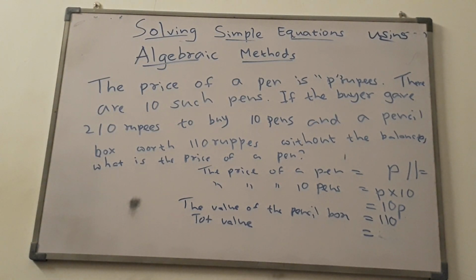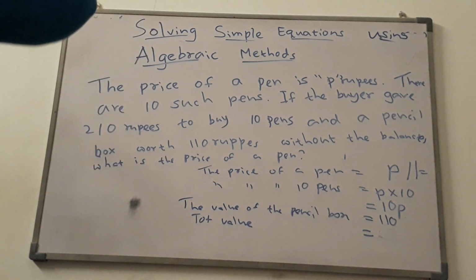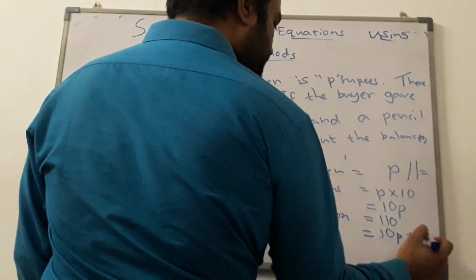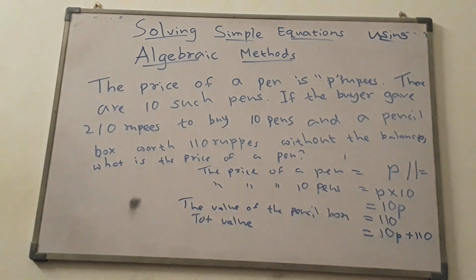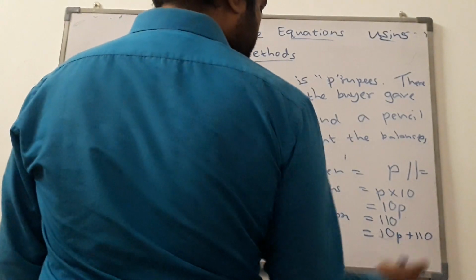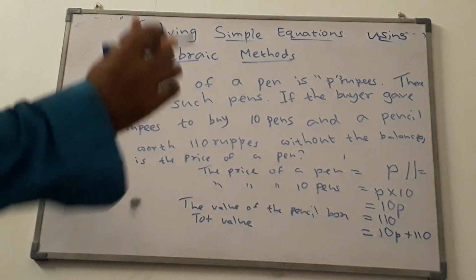So the total price, the total value, we can write as 10P plus 110. 10P means the price of 10 pens, plus the price of the pencil box, 110. So 10P plus 110 means the total price.